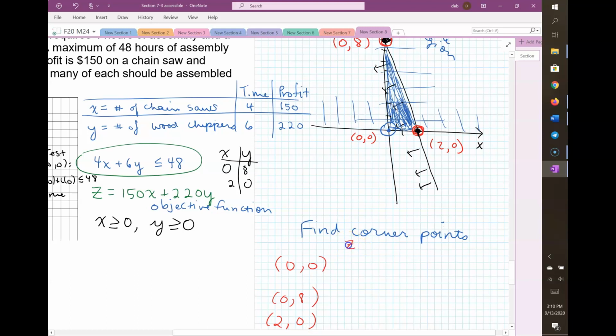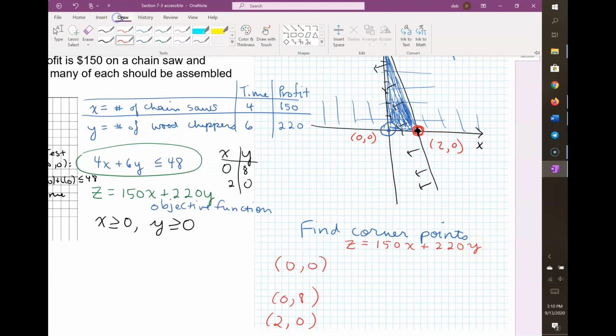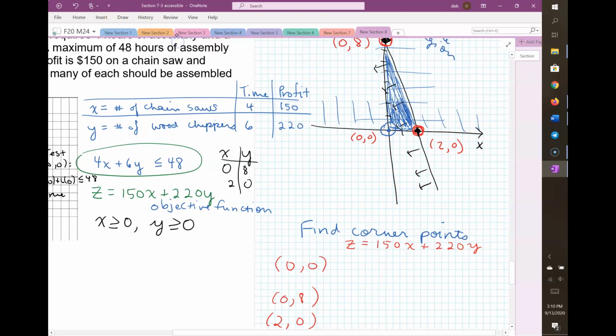Now I want to evaluate the objective function, 150x plus 220y, at each of these points. So remember, evaluate means plug in. So plug in 150 times 0 plus 220 times 0 and get 0. Then I want to evaluate z at the point 0, 8.